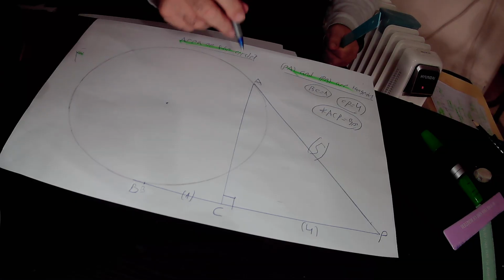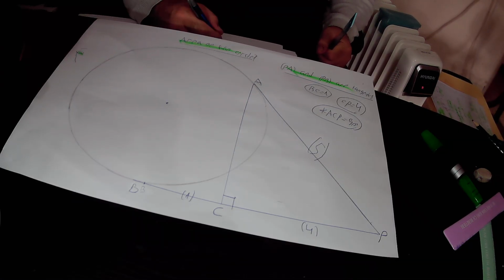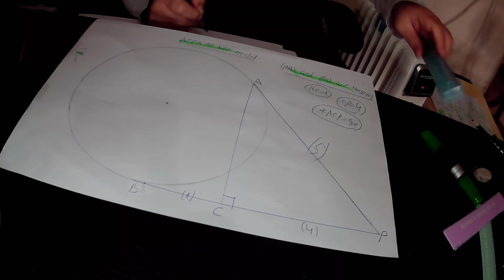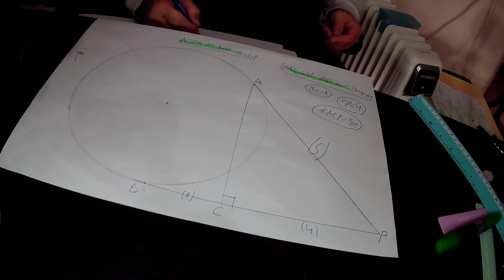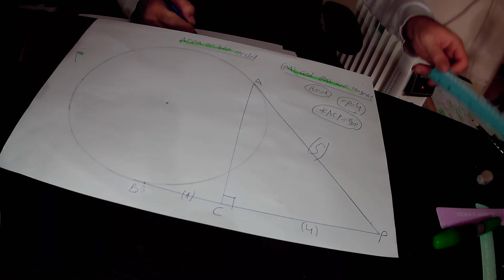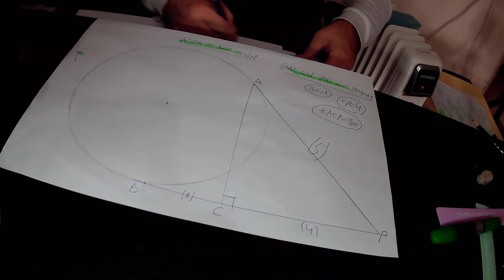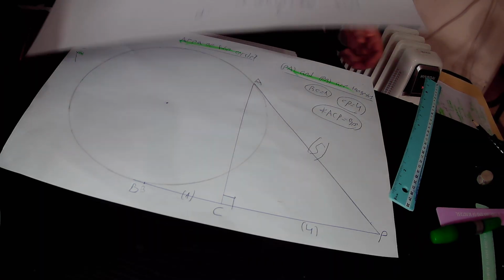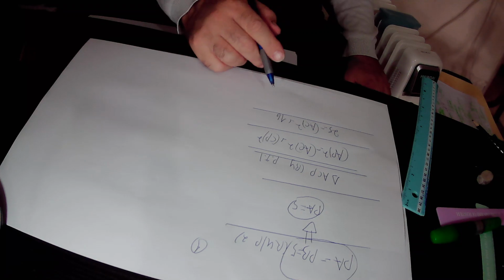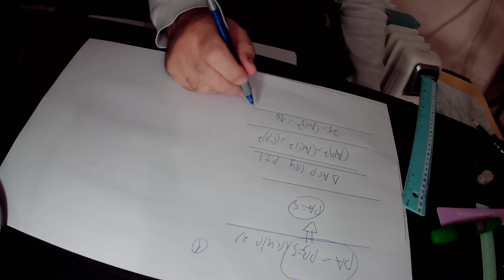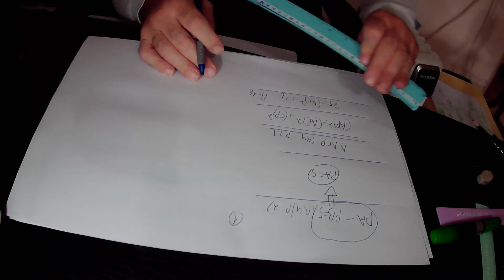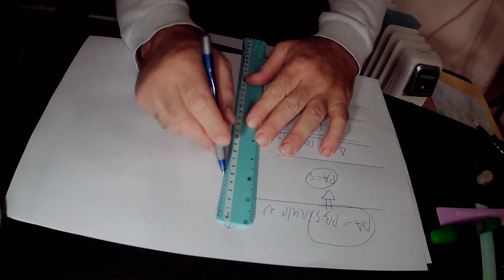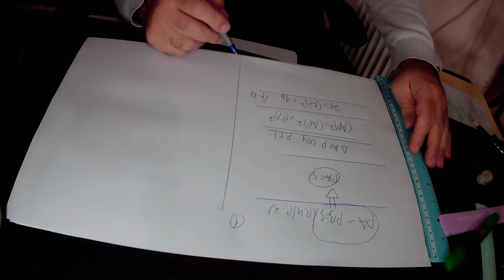And it equals AC squared plus CP squared. AC is the missing side, so we leave it as it is. CP is 4, therefore CP squared is 4 squared, that is 16. So in total, we found out that 25 equals AC squared plus 16. Here we subtract 16 from both sides and find that 25 minus 16 is 9.